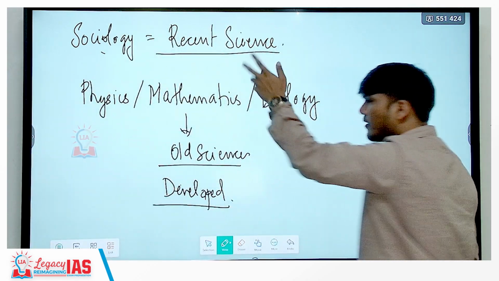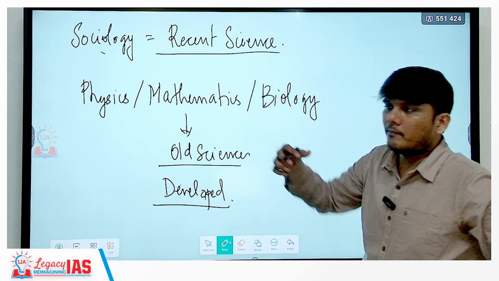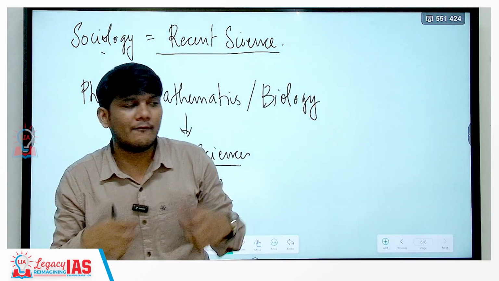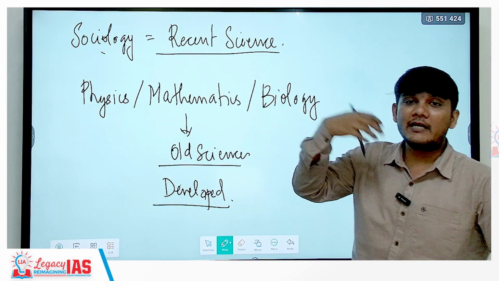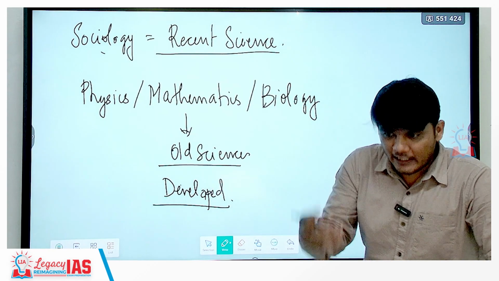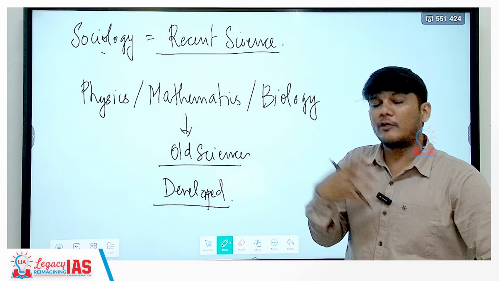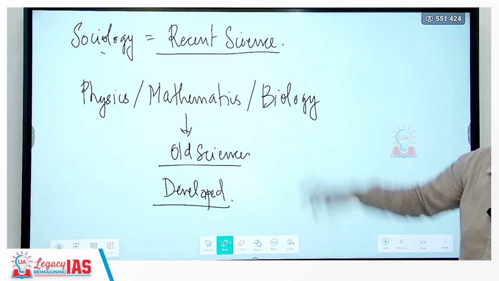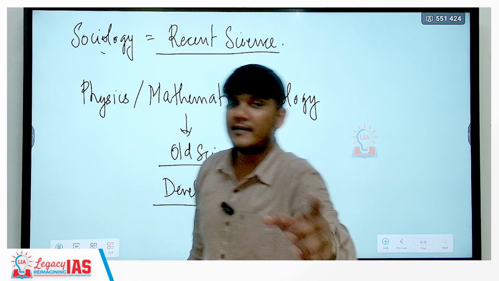Talk about 1400, 1450, 1500. That's when a lot of revolutions were happening, the Renaissance was happening. And then came the industrial revolution, wherein people started thinking about society and its hardships. The majority of the works with respect to Western sociology has come during and after the industrial revolution.